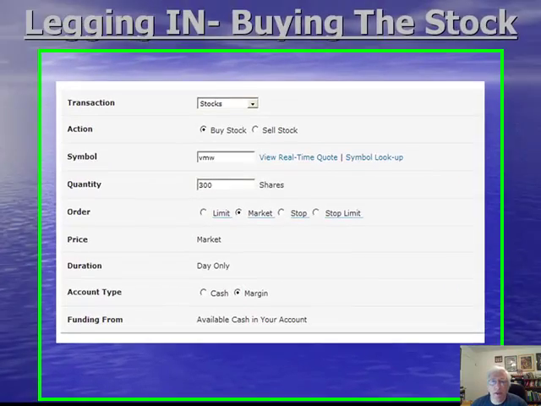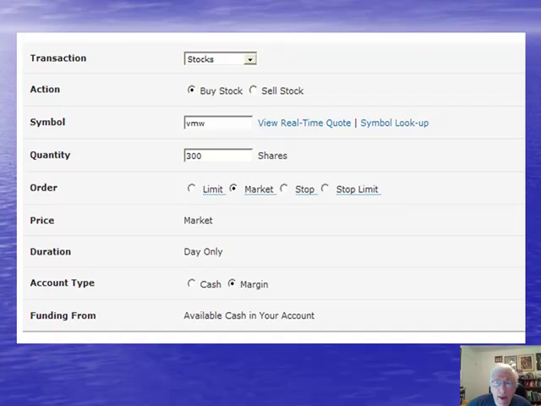So first look at the legging in form, and here is an example where we first buy the stock. You see at the top the transaction in action is buy stock. We put in the ticker symbol of that stock and the number of shares we want to buy. In this case 300, which will allow us to sell 3 contracts. The type of order was a market order because the bid-ask spread was close together.